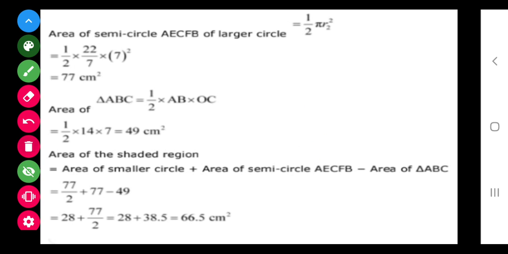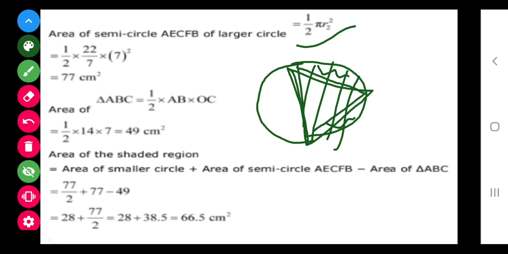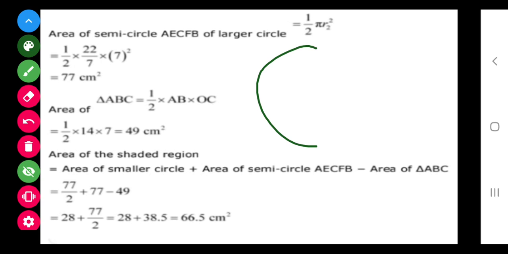Now here the solution is, if we want to determine this part, then they have taken the area of the semicircle, the complete semicircle, minus the area of this triangle.